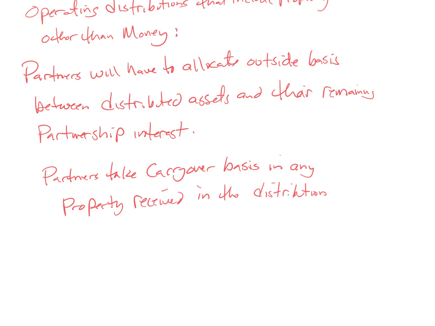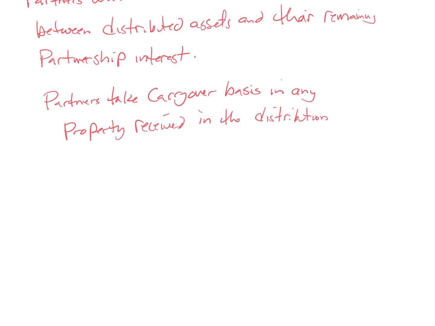Okay, so whatever the partnership's basis was in that property that has been distributed, now the partner has that carryover basis. Okay, there is definitely an order in which you're going to allocate outside basis to the basis of the distributed assets.